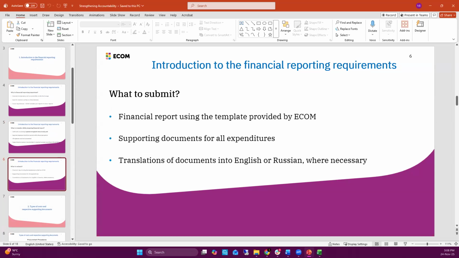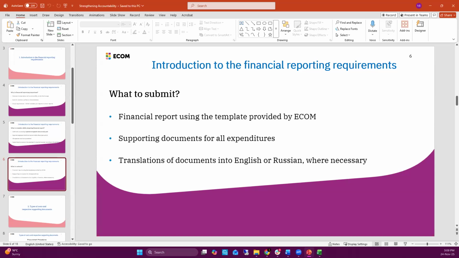You only need to enter your data where indicated. Supporting documents for all expenditure must be submitted together with the financial report: invoices, statements, payment orders, and anything else that applies to the specific cost.